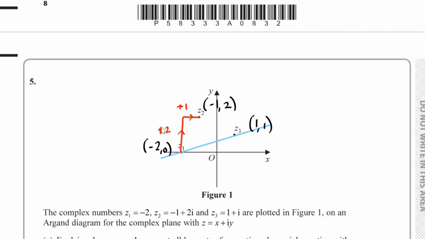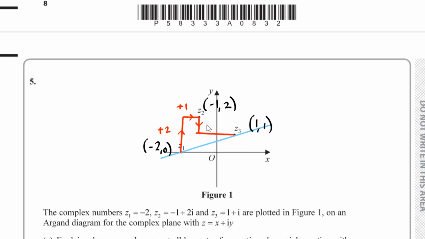Okay, and in terms of going from z2 to z3, minus 1 to 1, we go 2 across, and then 2 to 1, we go 1 down. So maybe if I add this in, we have something looking like this.